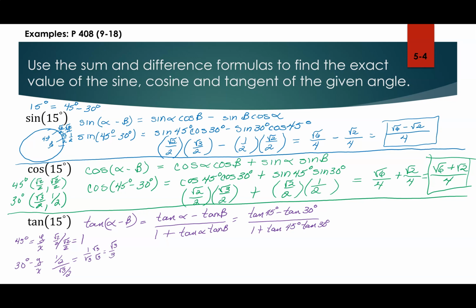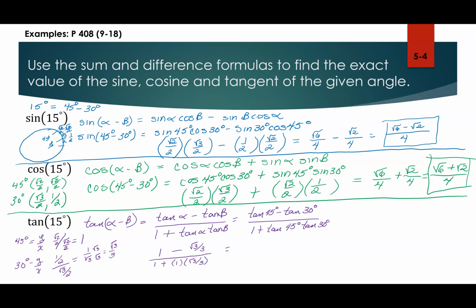So plugging in, the tangent of 45 is 1. So 1 minus tangent of 30, square root of 3 over 3, over 1 plus 1 times tangent of 45 is 1, and tangent of 30, square root of 3 over 3.